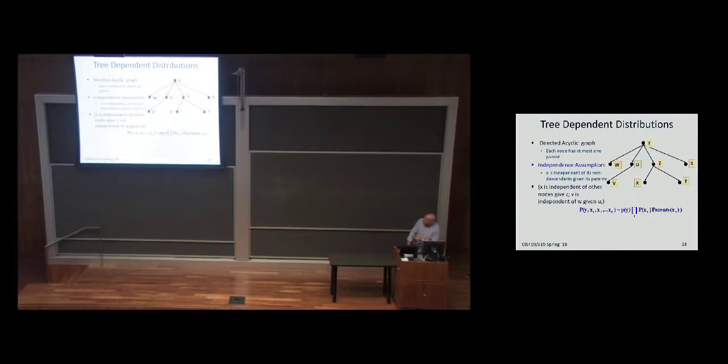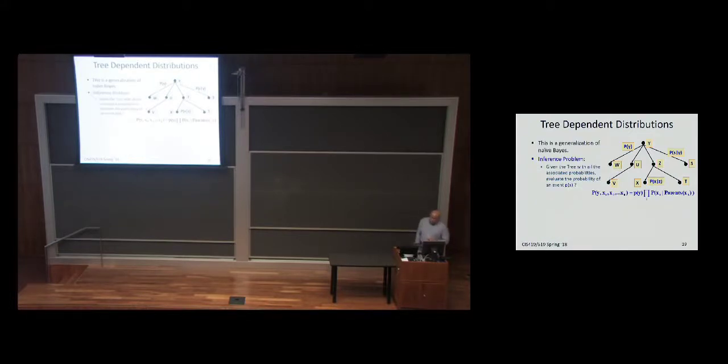When I write this joint probability distribution, P of y, x1, x2 up to xn, we can write it again as P of y times the product of P of xi given its parents, but there's only one parent because it's a tree. This simplification turns out to be very significant.